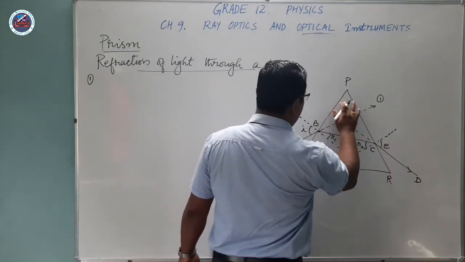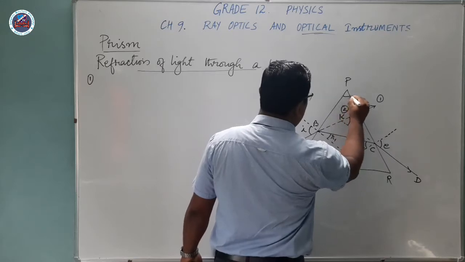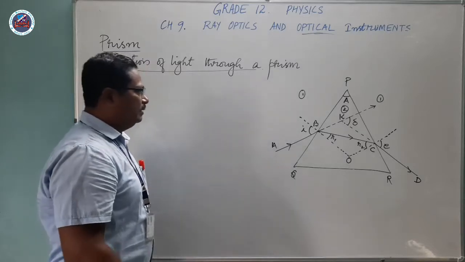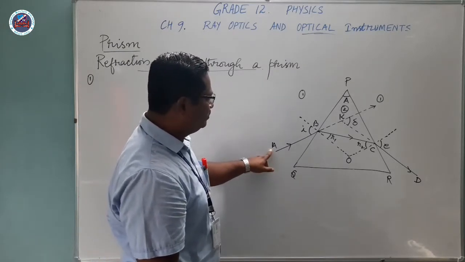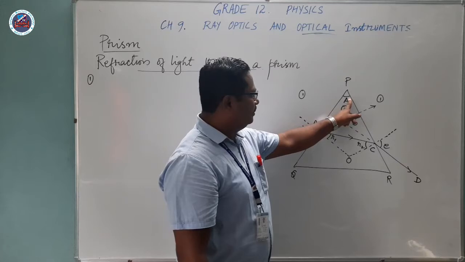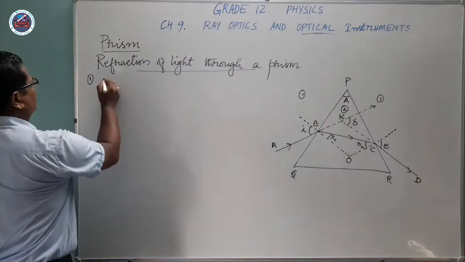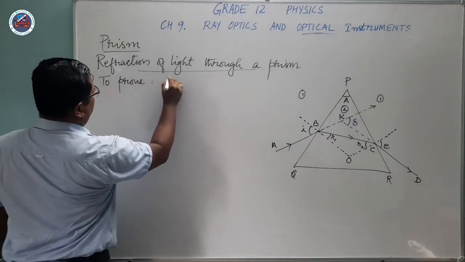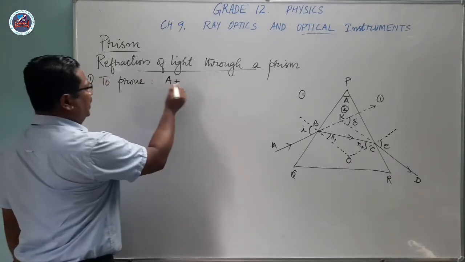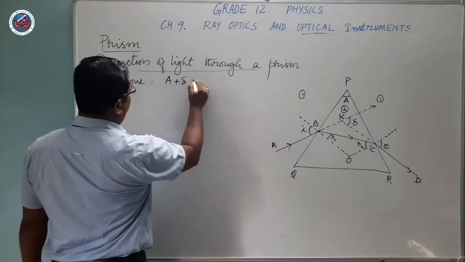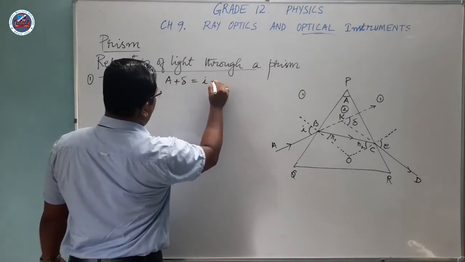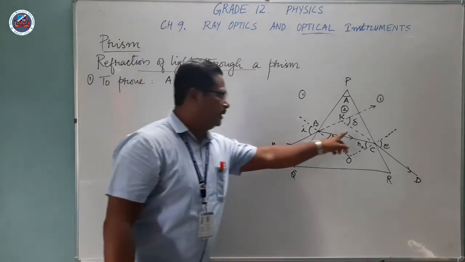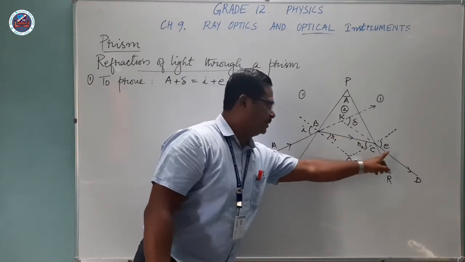This is your angle of the prism, which we write as angle A. Don't get confused with this letter A. The angle of the prism A, if you add it with the angle of deviation, you always get the angle of incidence plus the angle of emergence. That is, A plus the angle of deviation is equal to I plus E.